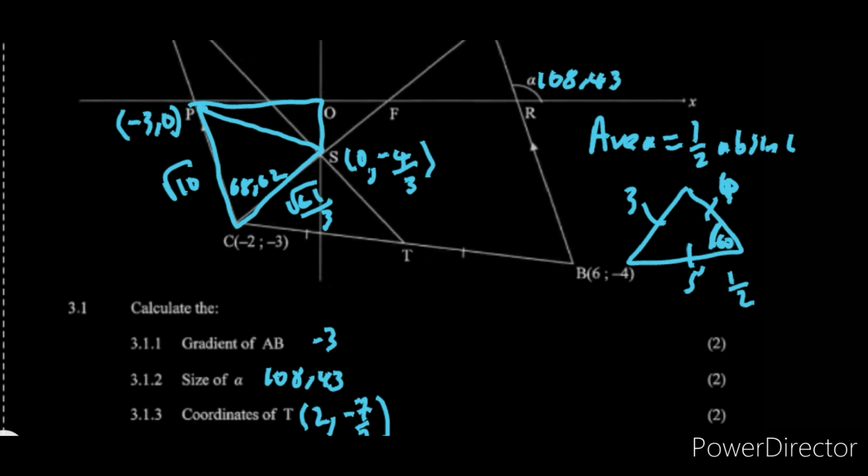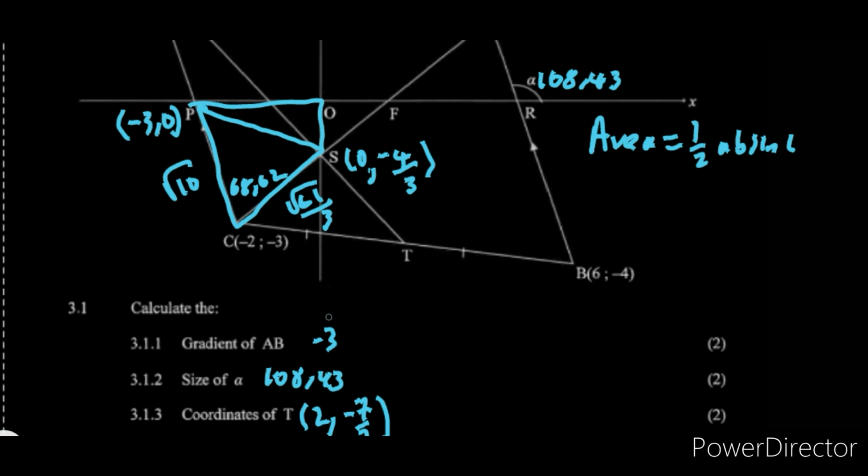So we say half of 4 times 5 times sine 60. It's just half of the two sides that make the angle, times the sine of the angle between those two lines.